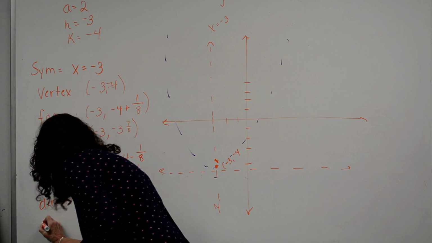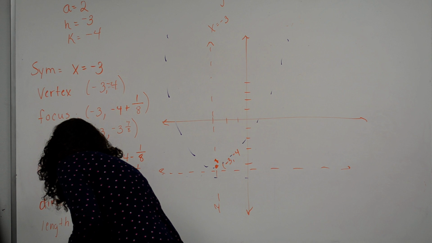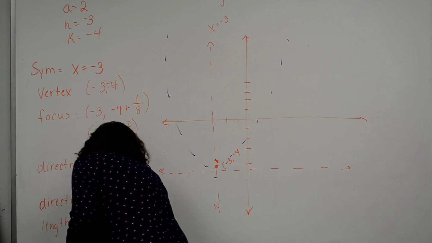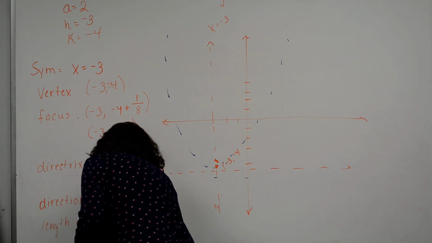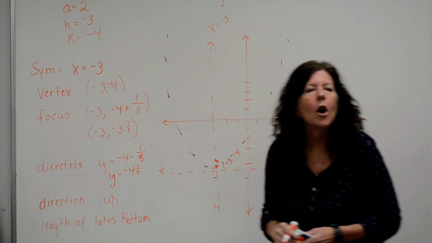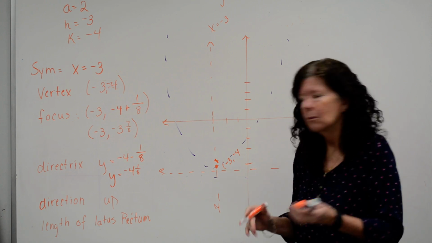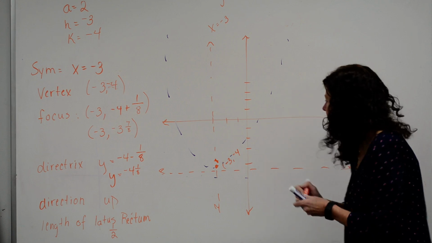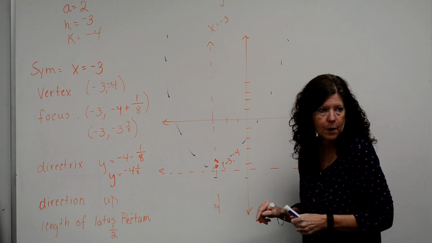And this last thing, the length of the latus rectum, is what helps us graph it. That obviously is a Greek term. It's the absolute value of 1 over a. What's a? 2. That's 1/2. Now, the latus rectum is the length across here through the focus.